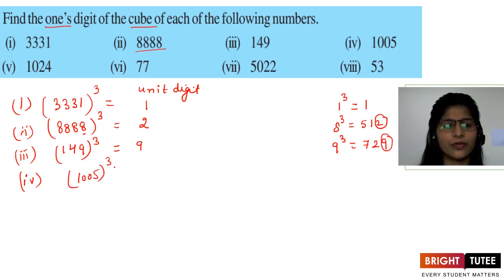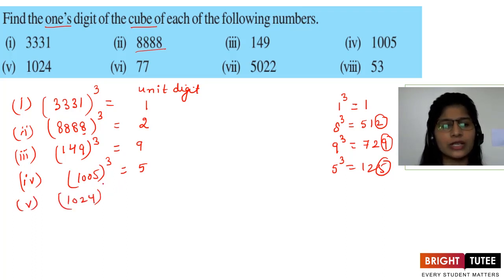When you do the cube of 5, you get 125. So the last digit is 5 only. Fifth part, we have 1024. 4 is the unit digit here. So when you do the cube of 4, 4 into 4 into 4, we get 64. So the unit digit is 4 in this case.